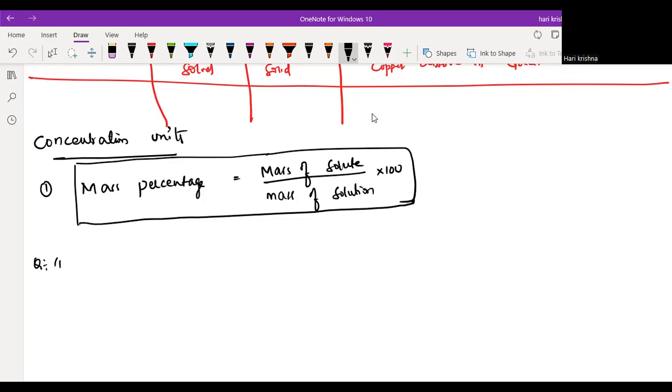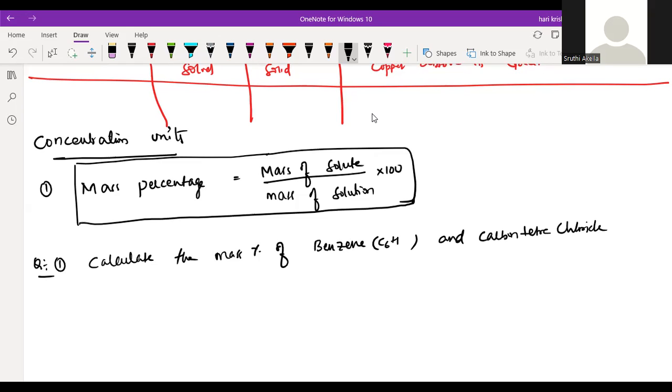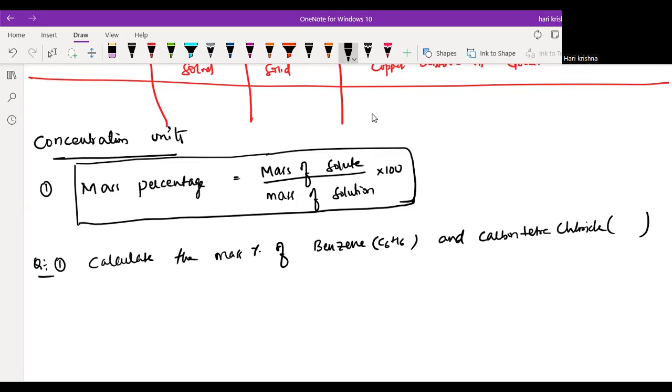So we'll solve one question on this. Calculate the mass percentage of benzene and CCl4 if 22 grams of benzene is dissolved in 122 grams of CCl4. What is the benzene formula? C6H6. Carbon tetrachloride, CCl4.